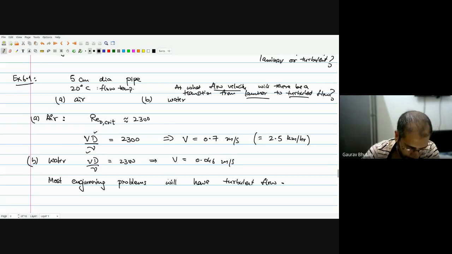Most engineering problems of internal flows will be turbulent flow problems.